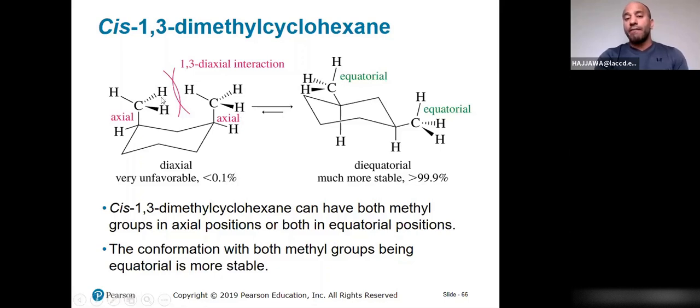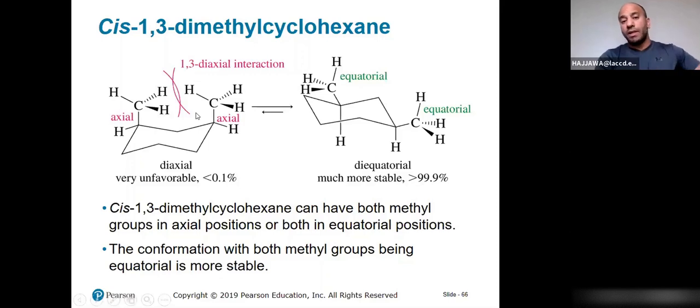One of them is going to have a great amount of interaction, called 1,3 diaxial interaction, and one of them is going to have none between the 2 methyl groups. However, there will be hydrogen-hydrogen interactions, but those are counted as almost nothing in energy compared to the 2 methyl groups.